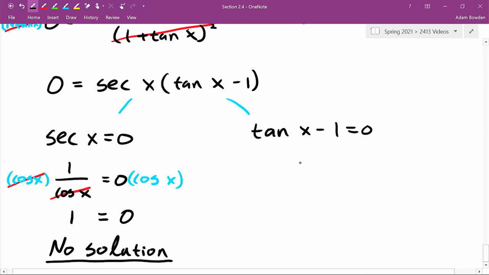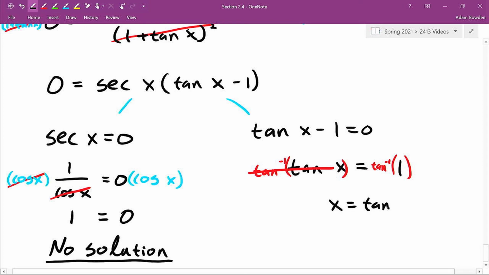On the other hand, this other one, we can write it as tangent x is equal to 1. And to solve from here, we can apply the tangent inverse. So that'll bring it down to x is equal to tangent inverse of 1.